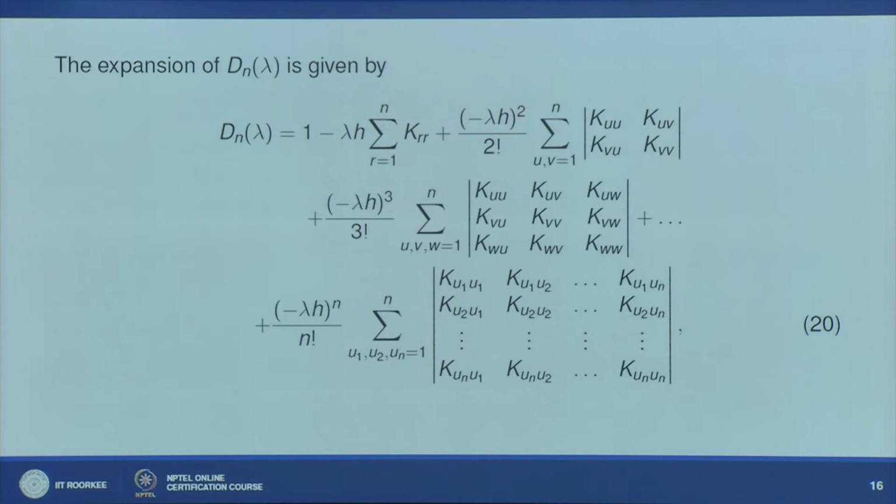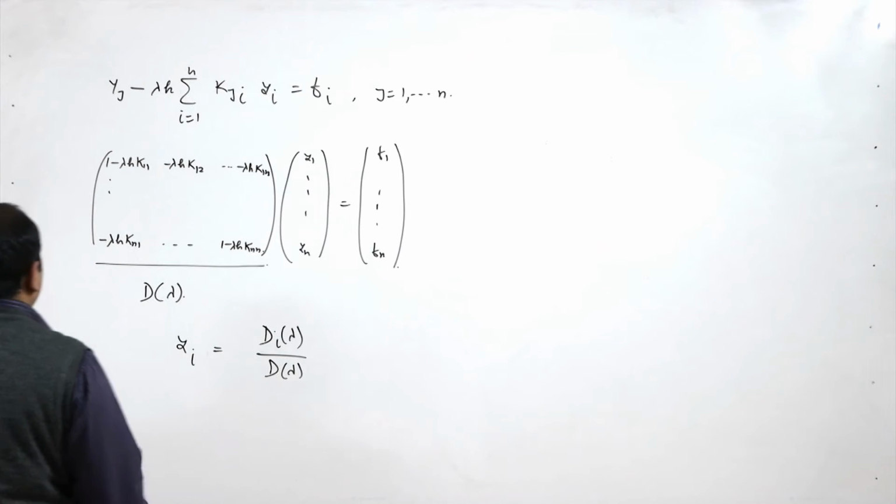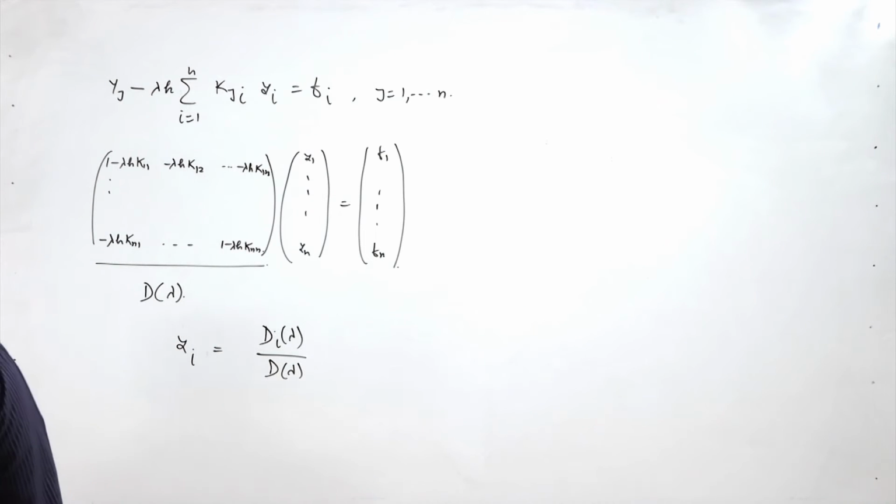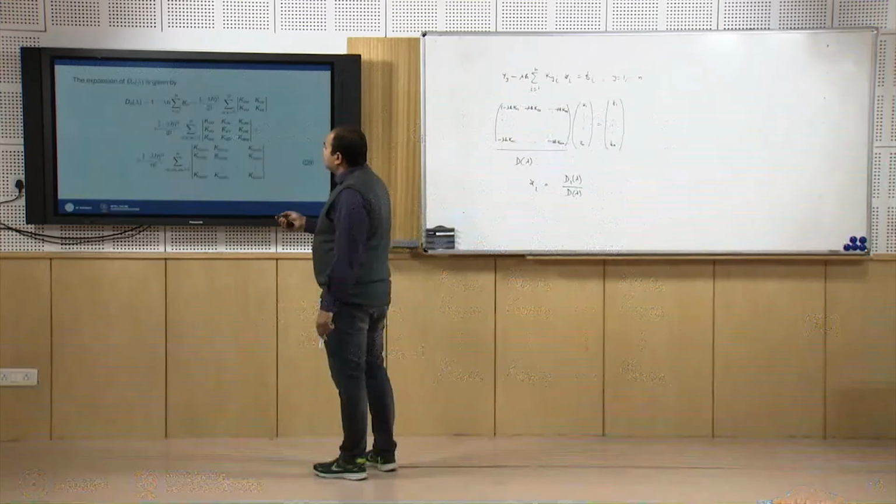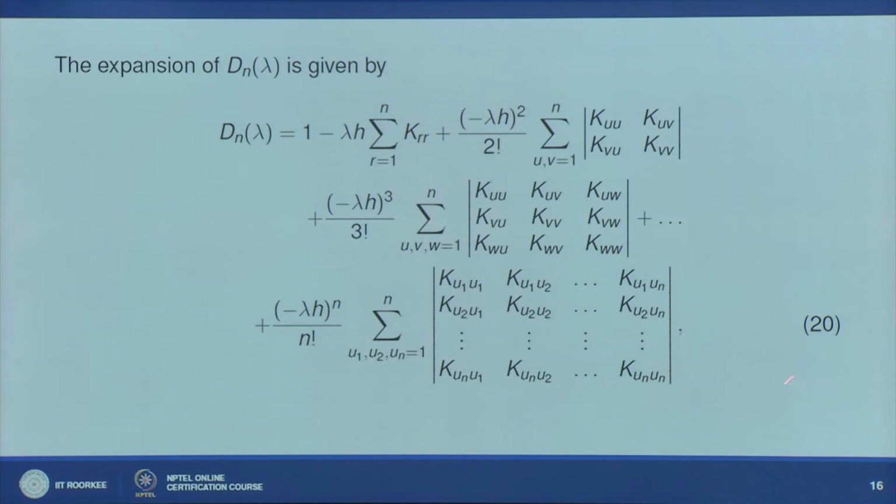Now let us try to find the expression of this D(lambda). To find it, we express it as an expansion in powers of minus lambda h. For that we try to show that D_n(lambda) can be written as a finite series.